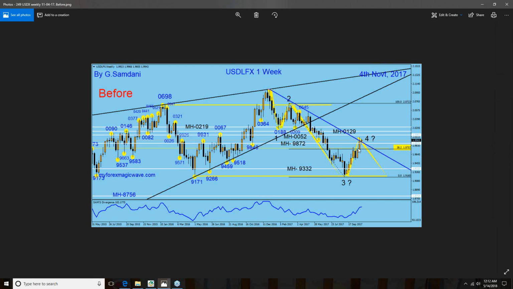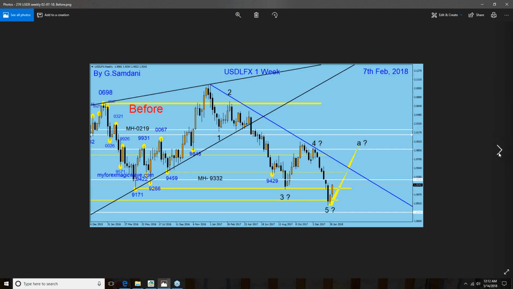All right, so we got there. For wave 4, this nice TL and this and that, 38%, right? Then what? I said, okay, we're going to drop here for wave 5, but wave 5 usually goes a little bit beyond wave 3. You all know that, right? So look what happened to this chart. Boom.